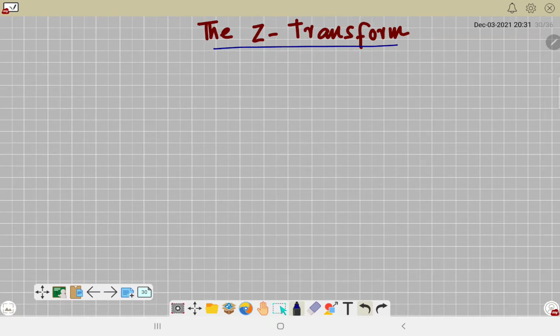It's actually the counterpart of Laplace transform. While Laplace transform is used for continuous time signals, Z transform is explicitly defined for discrete time signals. Again, it is a powerful transform that helps in the analysis of systems.